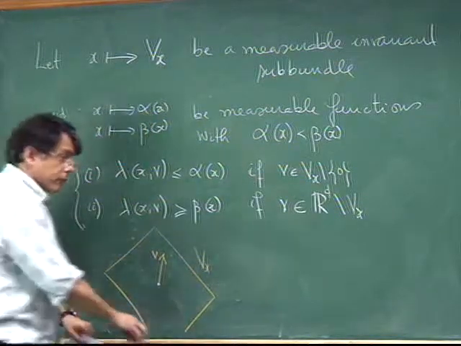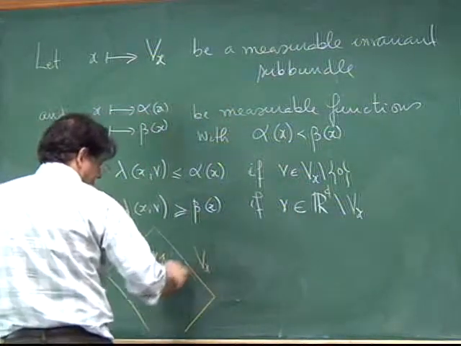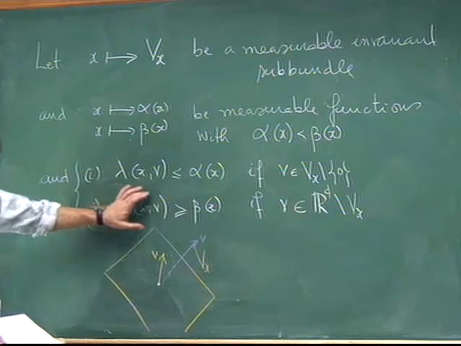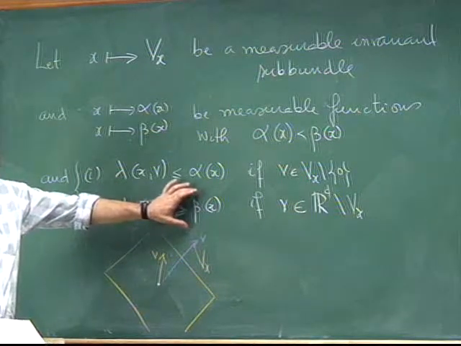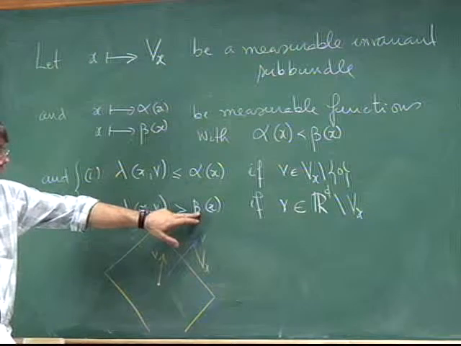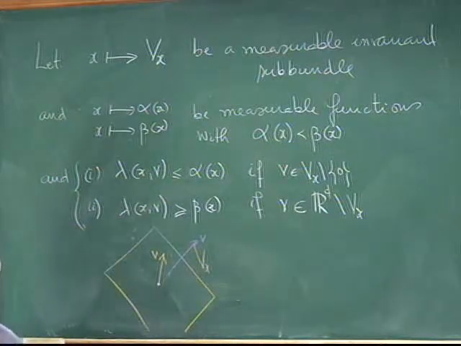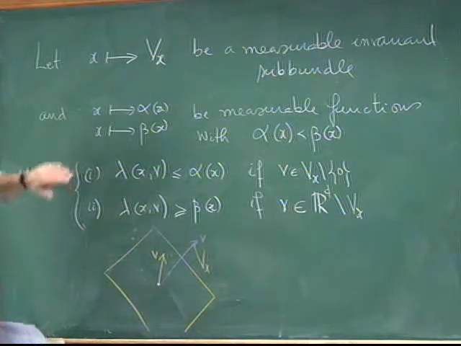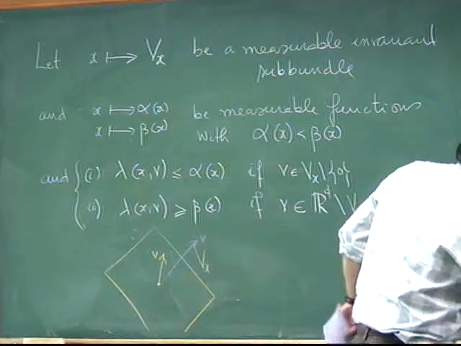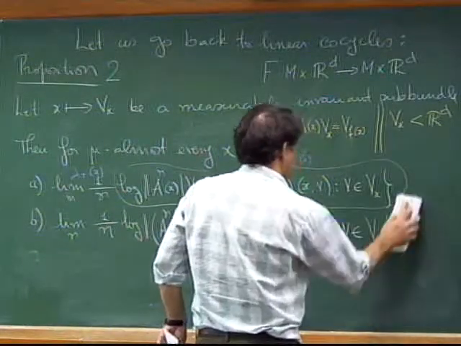If the vector is outside Vx, then it grows faster. It grows rapidly. The rate of growth is bigger than beta, and beta is bigger than alpha. Okay? So V is a subspace where vectors grow slowly, and outside this subspace, vectors grow very rapidly.